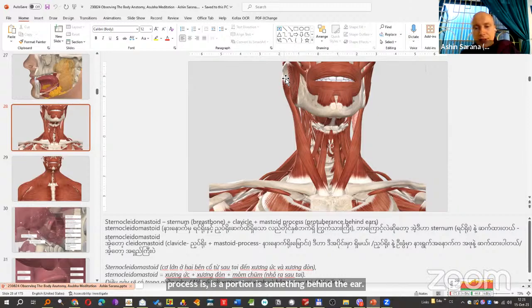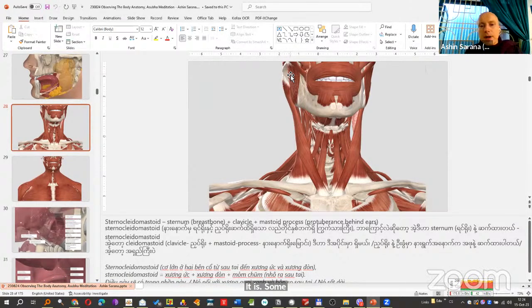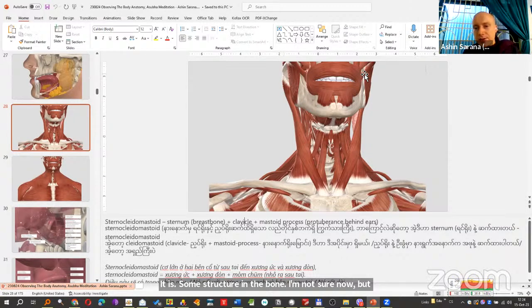I think it is some structure in the bone. I'm not sure now, but that's the place where the other end of this very long sternocleidomastoid muscle is attached.